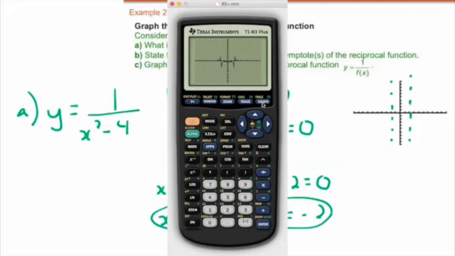The very left side does an uptick like that. In the middle, we have almost a parabola-like shape. And on the end is basically the mirror image of the left side.